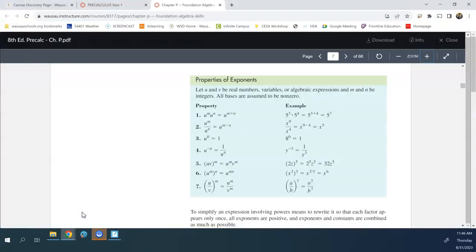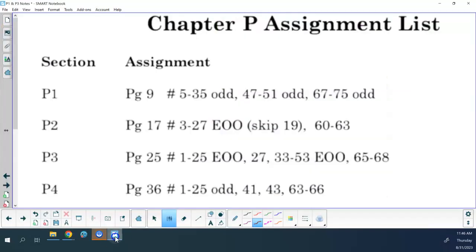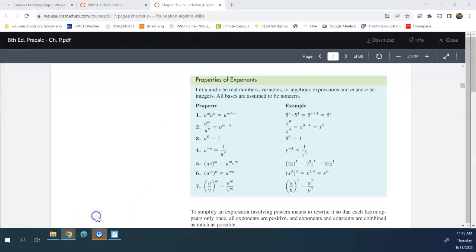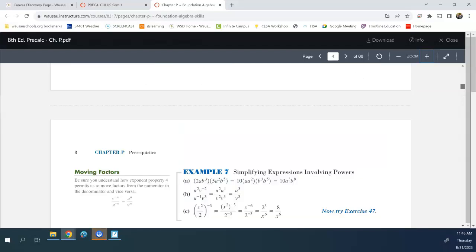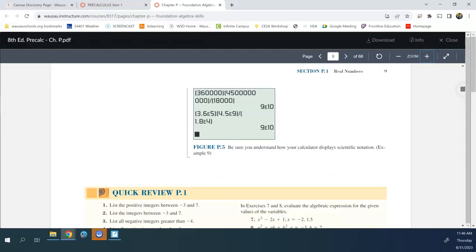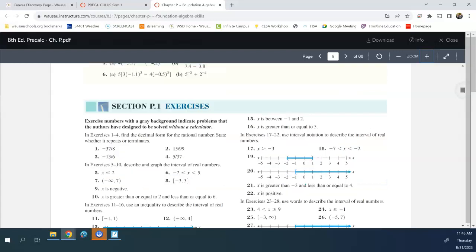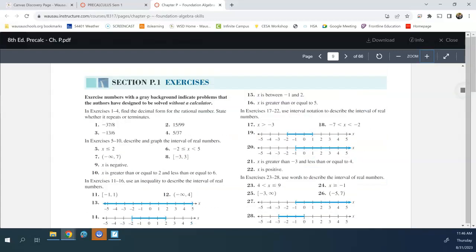Like where it says page 9, you would scroll down to page 9, and there are the homework problems on page 9.